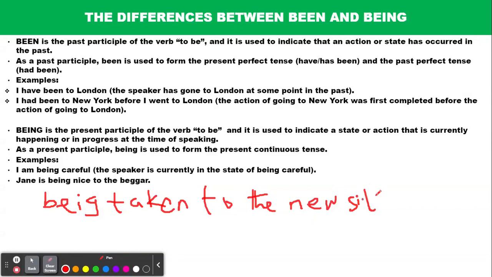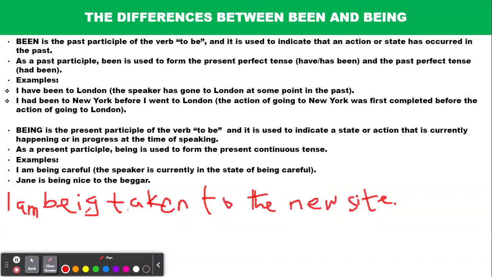So that's one more example I want you to see, and it is another example I want us to see here.